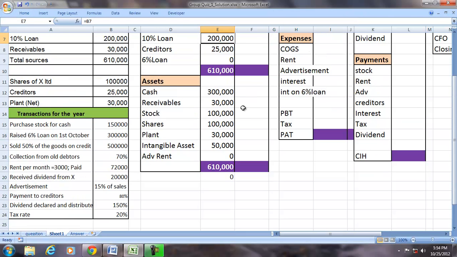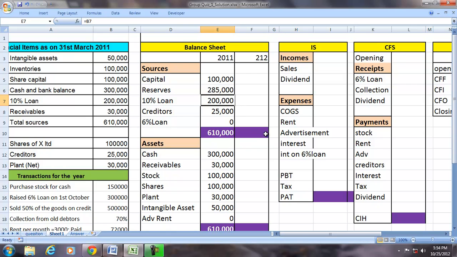So the transactions are: purchase stock for cash 150,000. The opening cash in hand is 300,000. The stock will increase to that extent, 150,000.